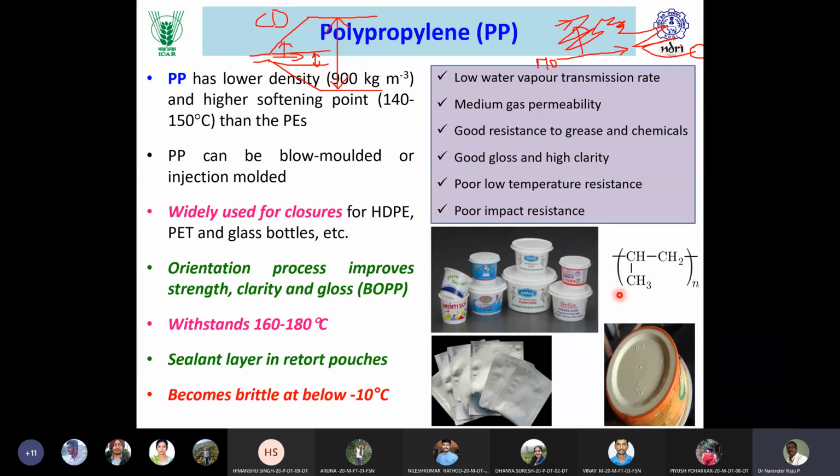If the side chain methyl groups are aligned in only one direction, either above the plane or below the plane, they are called isotactic polypropylenes. Isotactic, that means on the same side of the plane. A third type of arrangement is also possible, which has a symmetry of the side chain arrangement in the polymer chain, that is syndiotactic.